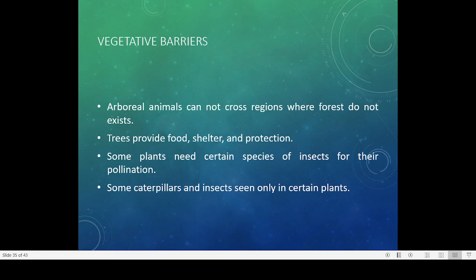Some plants need certain species of insects for their pollination. There is another case. In the absence of certain butterflies, some plant species may not reproduce. They may not be able to multiply. There is a famous case of the dodo and a tree in Mauritius. You might have heard about that. Such cases show a close relationship between one particular tree and an animal species.